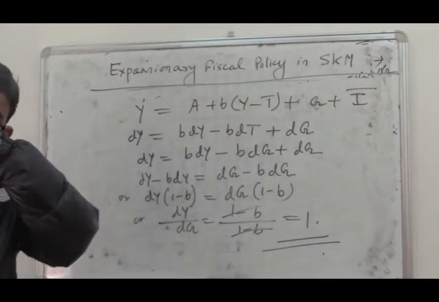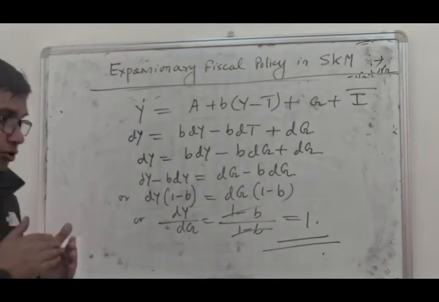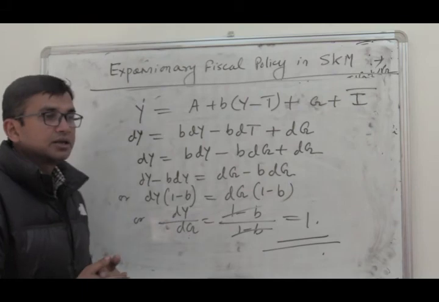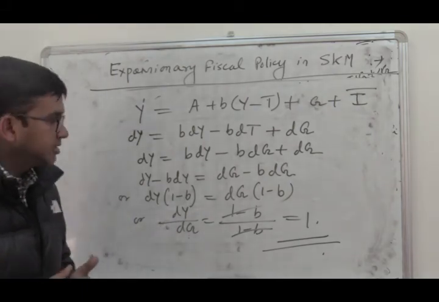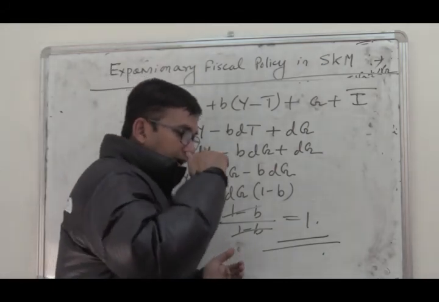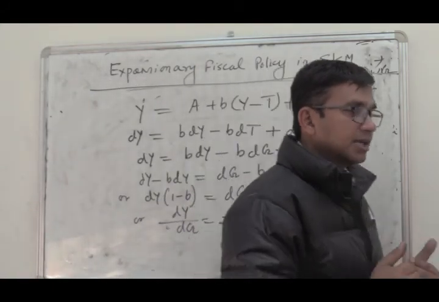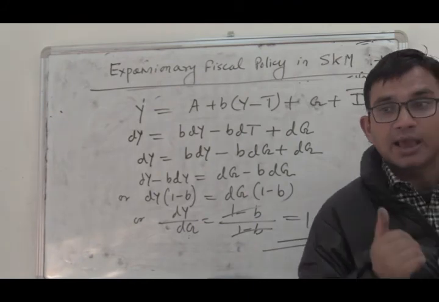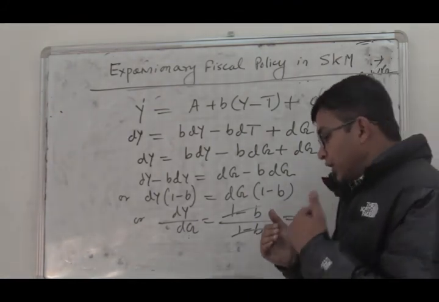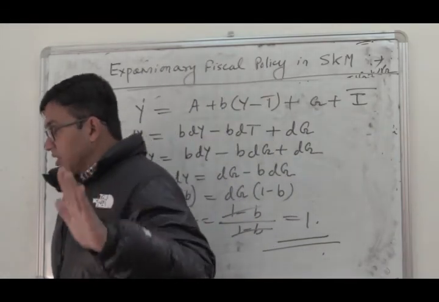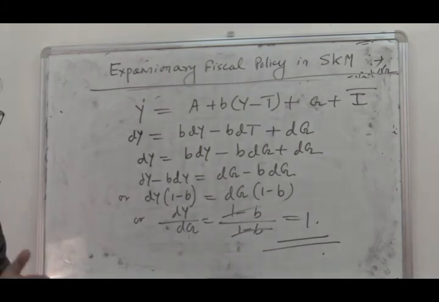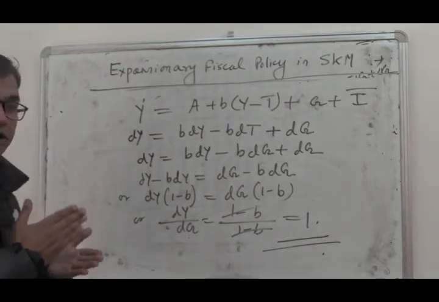One type is through increase in government expenditure to boost up aggregate demand directly, and another is decrease in tax. Whenever we increase the government expenditure, that directly affects the aggregate demand, and that's why its value is positive.